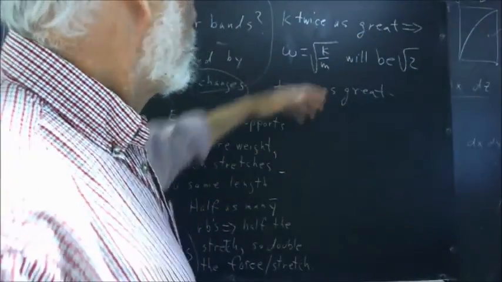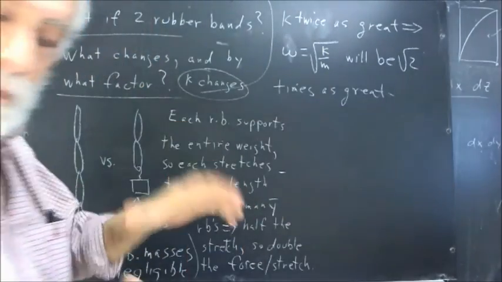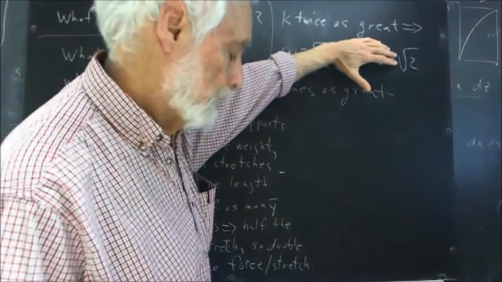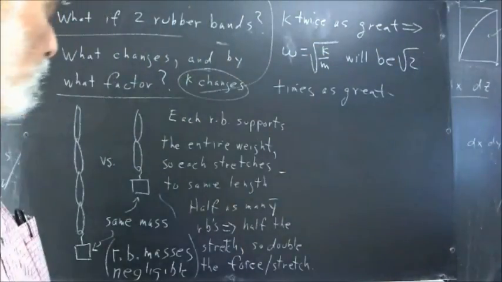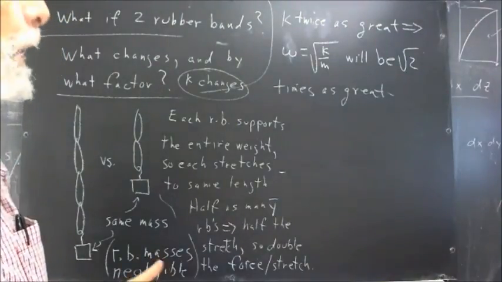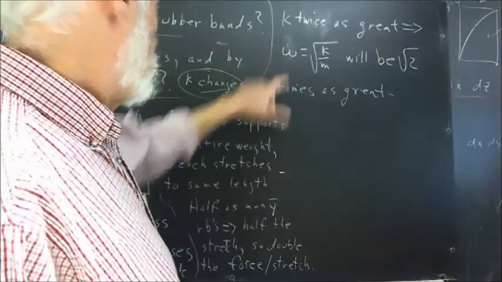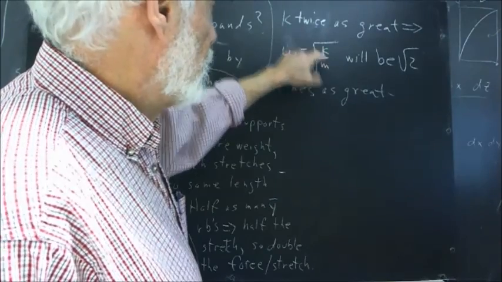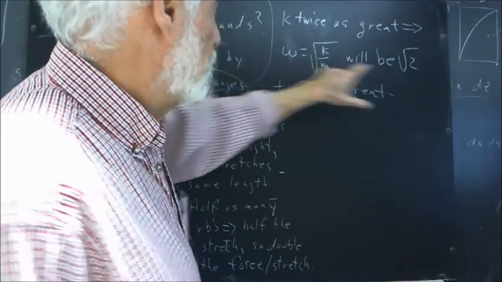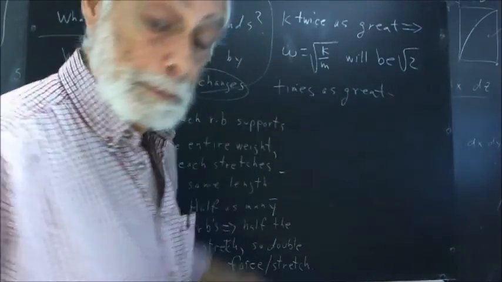Now, what does that do to the motion of the system? Instead of looking at this, you need to think through that. Well, omega is the square root of K over M. If K doubles, that means omega is going to be square root of 2 times as great.